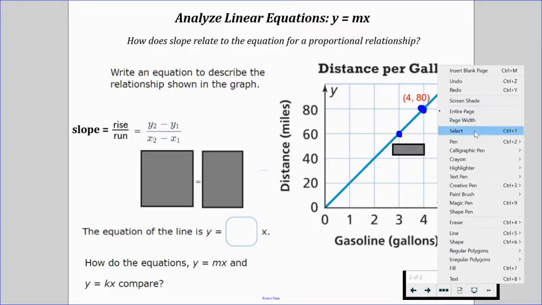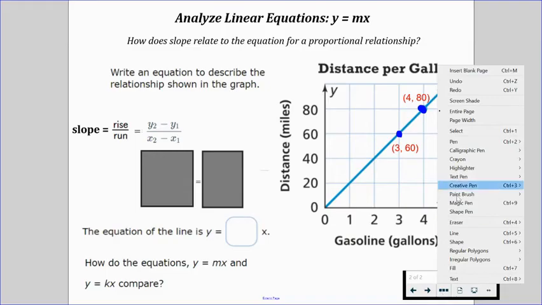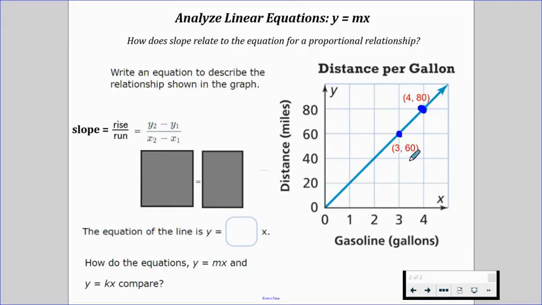The coordinates of this ordered pair are (3, 60), because x always comes before y. We are now ready to use these 2 ordered pairs in order to find the slope using the slope formula. Begin with the first ordered pair of (3, 60).